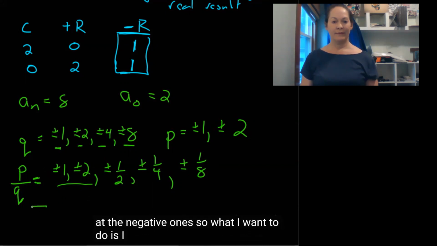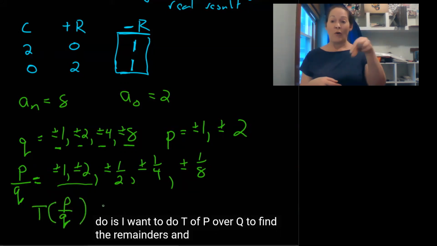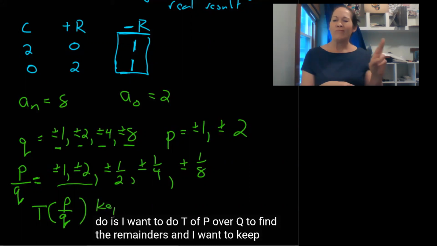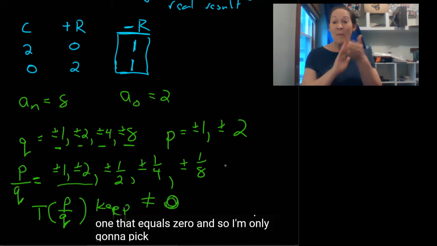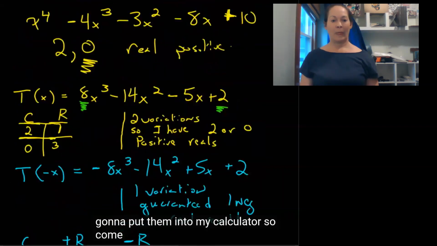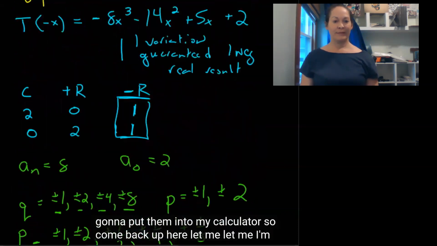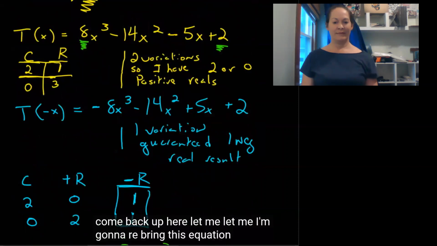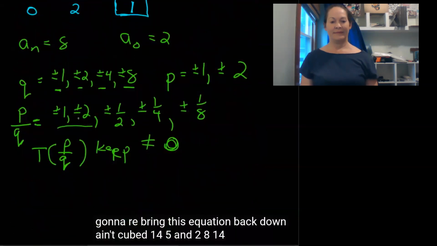So what I want to do is I want to do t of p over q to find the remainders, and I want to keep the one that equals 0. And so I'm only going to pick the negative ones, and I'm going to put them in my calculator. So come back up here. I'm going to re-bring this equation back down. 8x cubed, 14x squared, 5x, and 2.